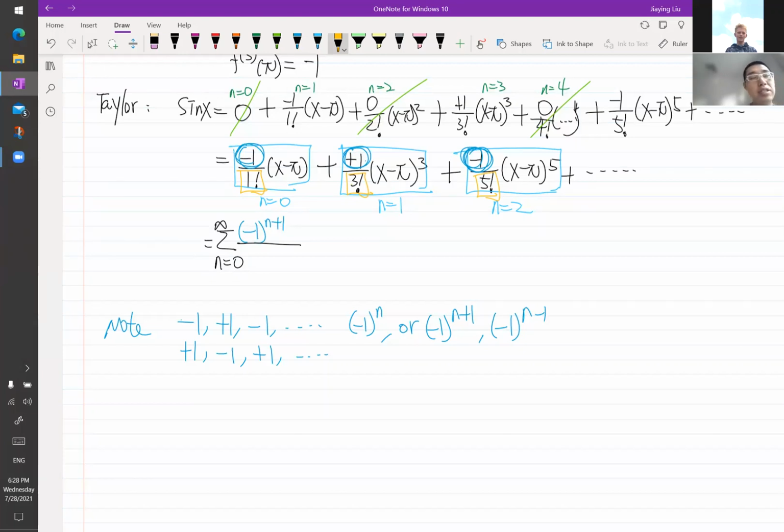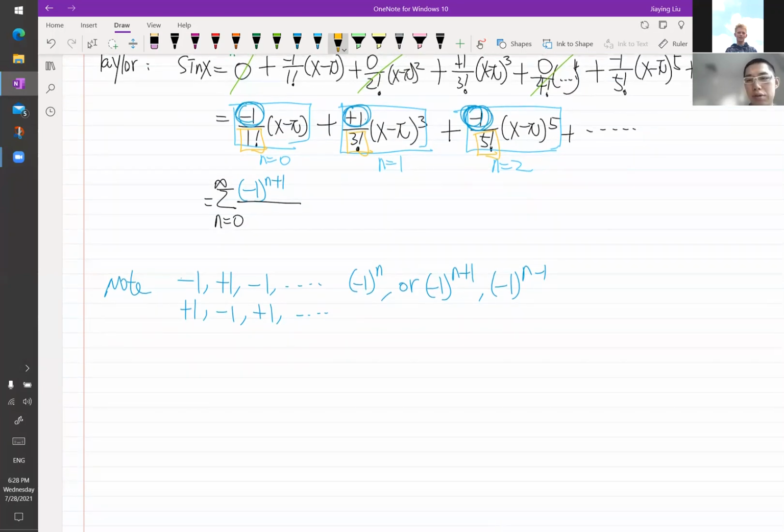So you have to think on the side, how is n equals 0 corresponding to 1? How is n equals 1 corresponding to 3? And n equals 2 corresponding to 5. What's the relationship between the values for n and the values in the factorial?